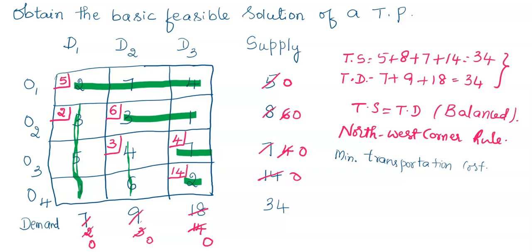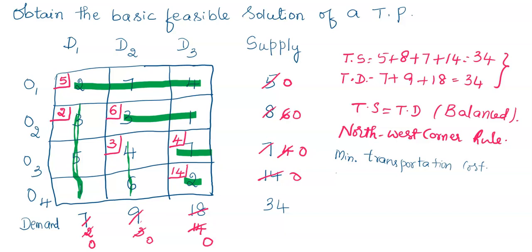Like that we have to take each and every cell's cost with the quantity. You have to multiply the cost with the quantity and add it with the other respective cells which consist of the cost and the quantity. So let me write that.